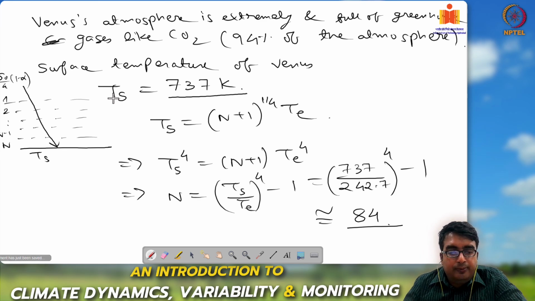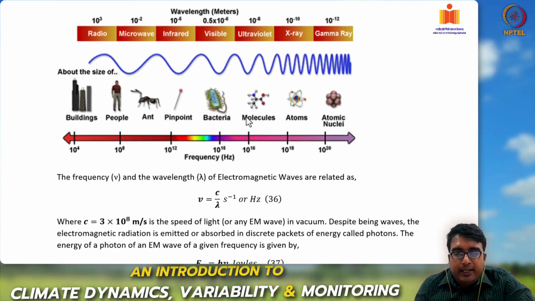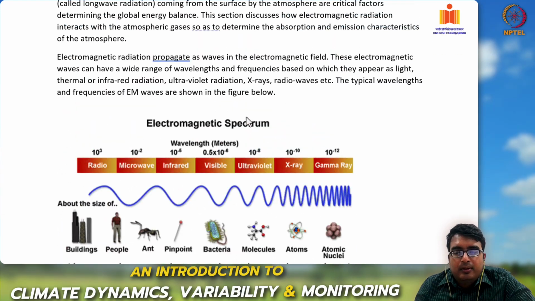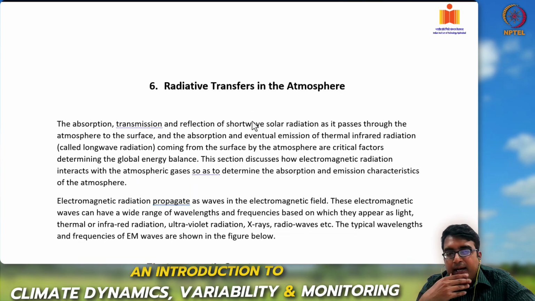So let's go there. The next section, which we will cover very briefly today and in more detail in the next class, is a fine-grained understanding of the radiative transfers that are happening in the atmosphere.